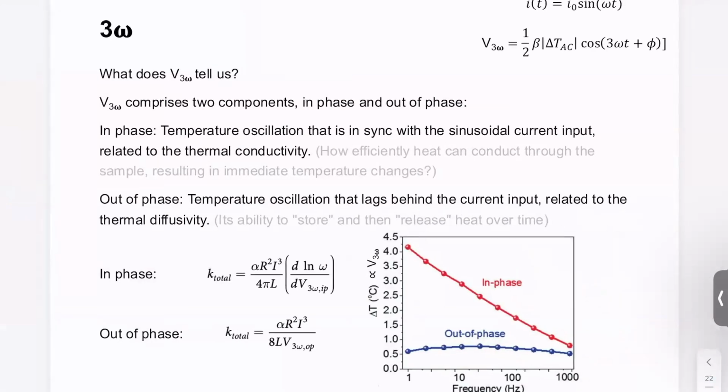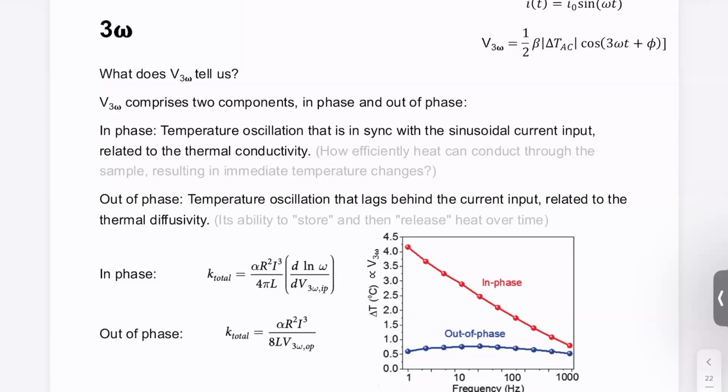Why is 3 omega useful? This is the formula of your 3 omega. You see there's a 3 omega term, and also there's a phase delay. So if you look at this, you will see your V3 omega comprises two components, in phase and out of phase. In phase means your temperature oscillation is in sync with the sine current input.